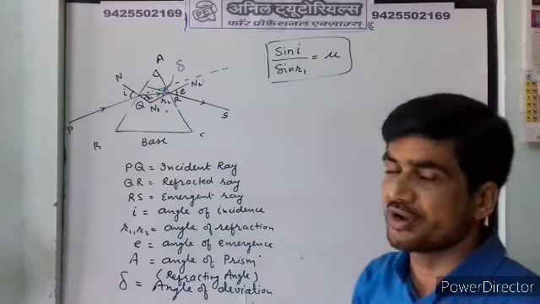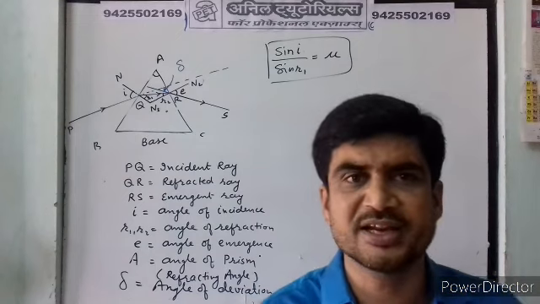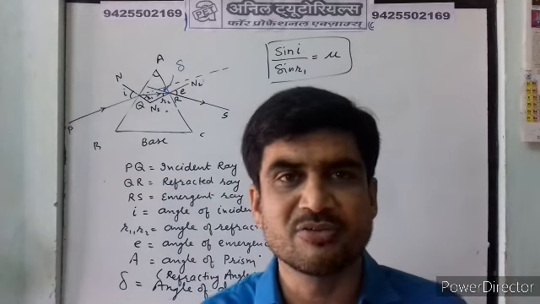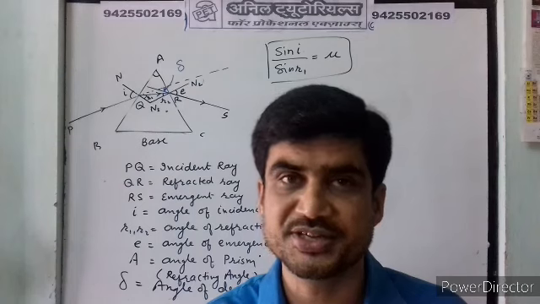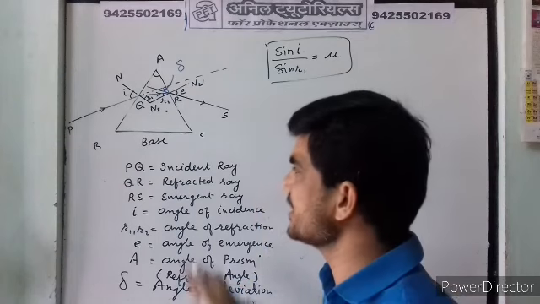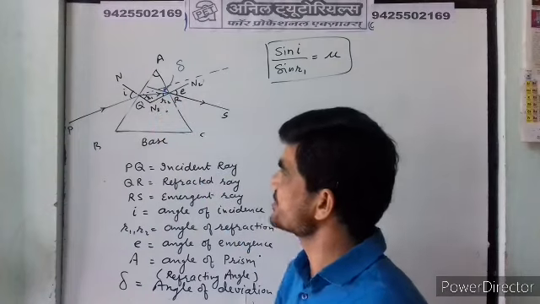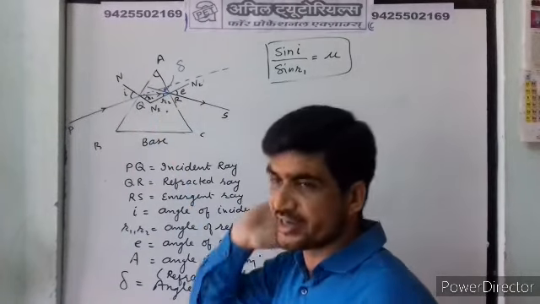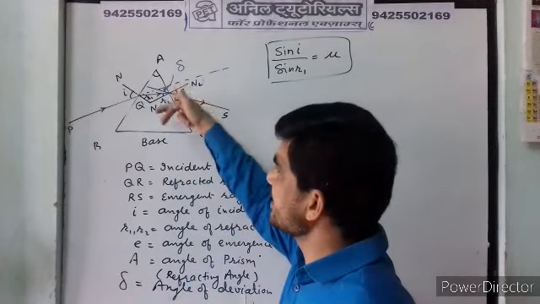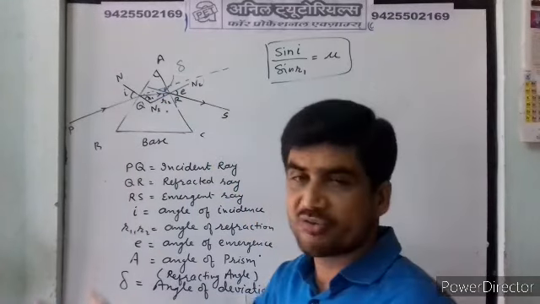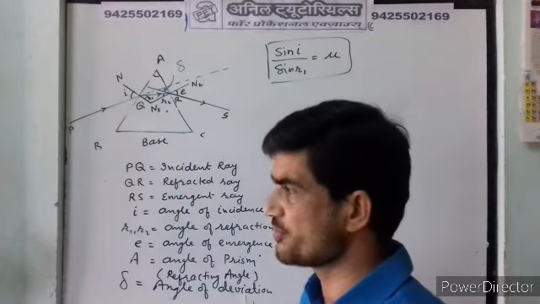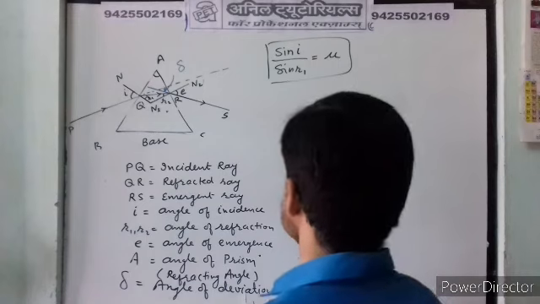The sum of all four angles of a quadrilateral is 360 degrees. Here two angles are 90 degrees, so 90 plus 90 is 180, and the sum of A and N1, these two angles, will be 180, because the sum of all four angles is equal to 360.